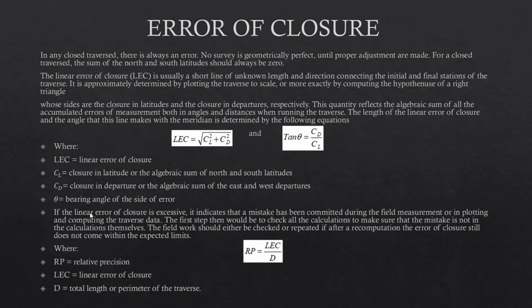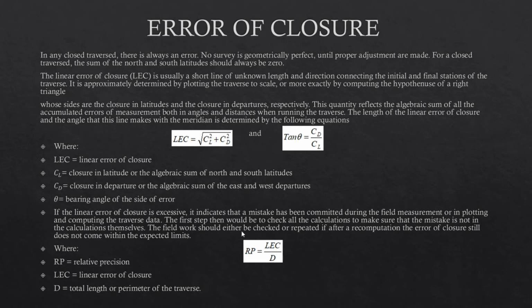Or in plotting or computing the first data. The first step then would be to check all the calculations to make sure that the mistake is not in the calculation themselves. So, kung masyadong malaki yon nakuha nyo, try nyo ulit i-check yung computation nyo, baka dun lang nagkamali, hindi naman dahil may mistake na nangyari sa pagkuha ng data.